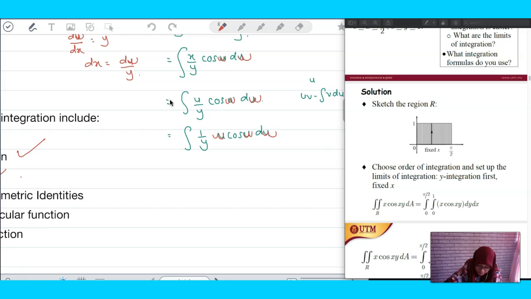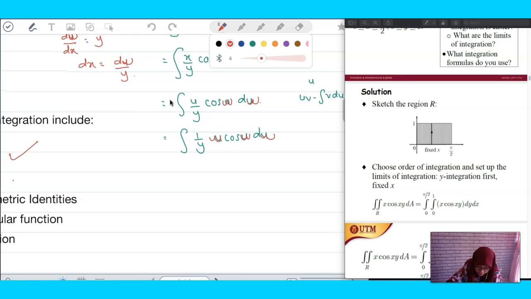For the tabular method, you must have 2 columns, where the first column is for differentiation. So you have w cos w. So this one is to be differentiated and this one to be integrated.